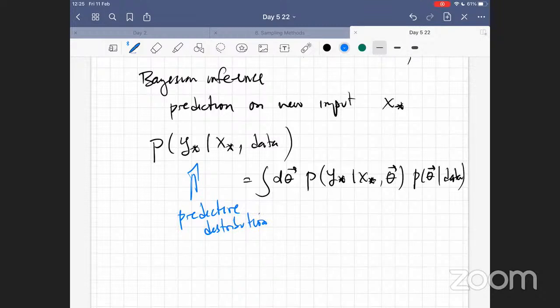So, sorry, getting the predictive distribution is what everyone in the Bayesian machine learning community and the statistics community is doing, because they want to get a prediction at the end of the day.